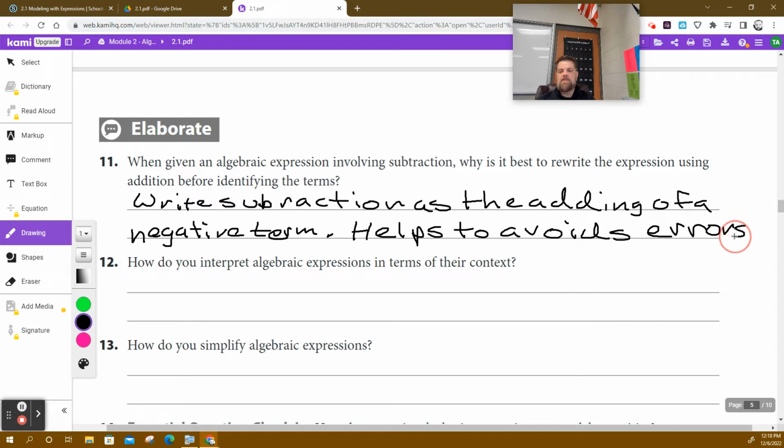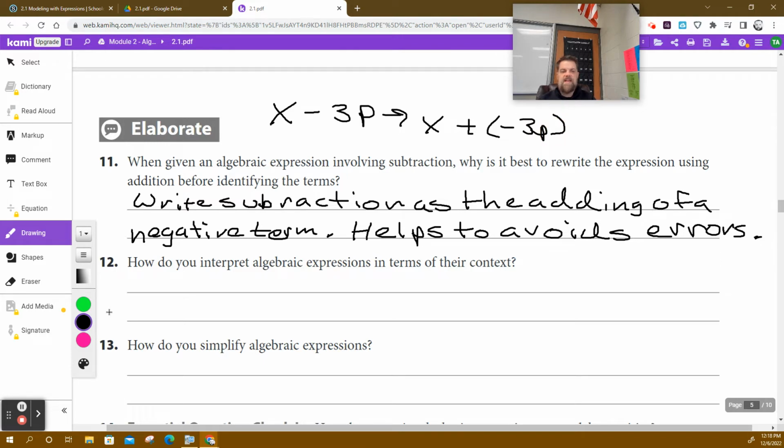We were talking about x minus 3 and then y plus 2. Or better yet, x minus 3p. So, for example, if I say something like x minus 3p, they're saying that you should write it as x plus negative 3p.